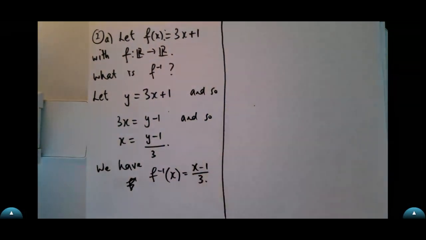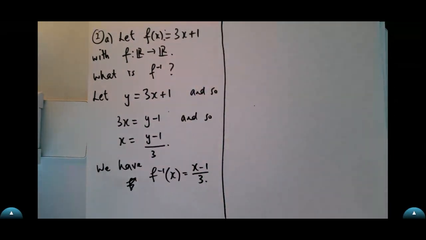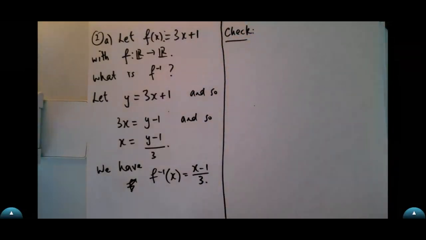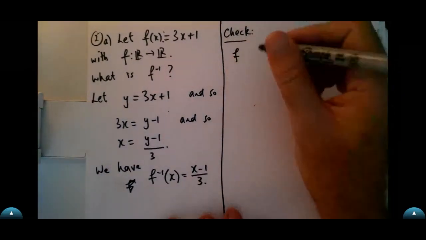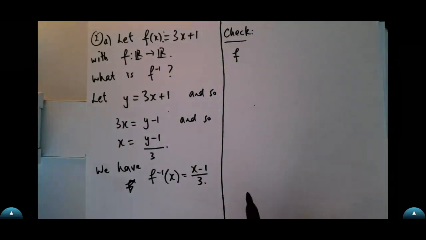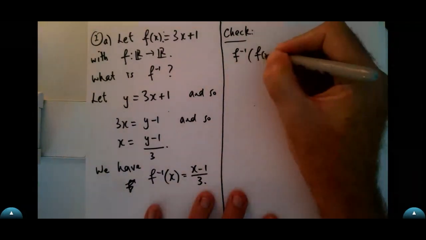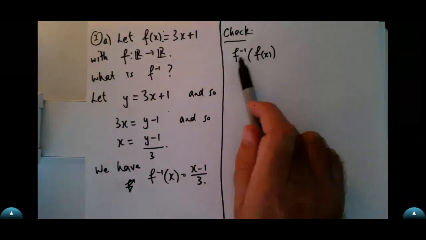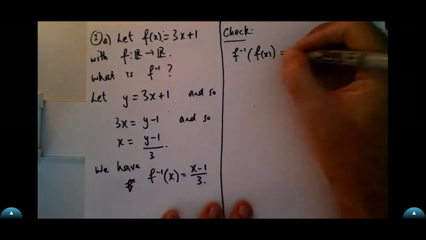Now let's check to make sure this really is the inverse. We're pretty sure this is correct, but let's do a quick check to make sure that we understand the inverse. We want to check that the inverse, when applied to the function, just gives us x, so that they undo each other.